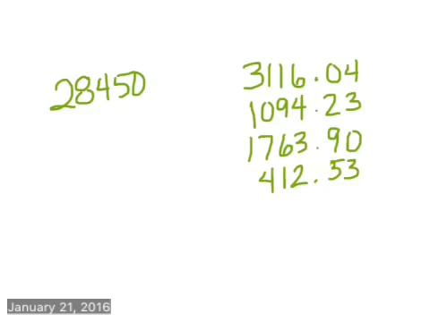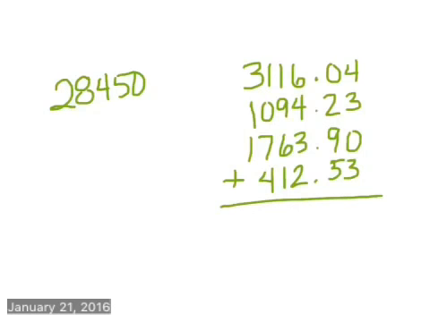So what we do again, to get the total benefits, you add those numbers together. So I will take with my calculator 3,116.04 plus 1,094.23 plus 1,763.9 plus 412.53, and I get a number.